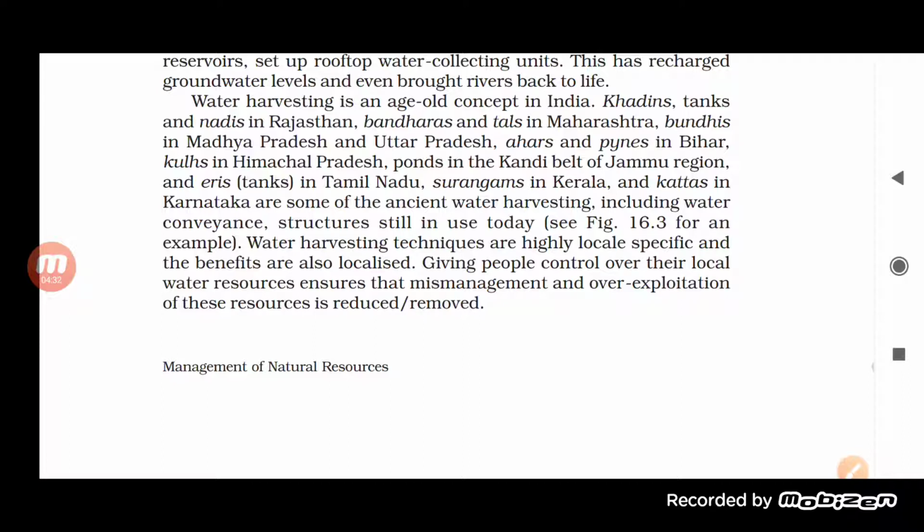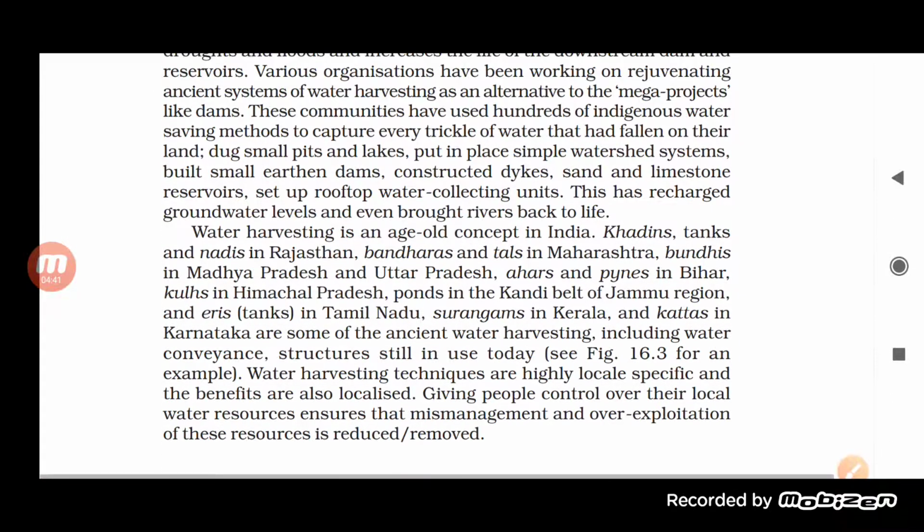So they have dug a pit to collect the water. They have made a lot of reservoirs, limestone reservoirs by which they can collect the water, and they put up earthen dams.